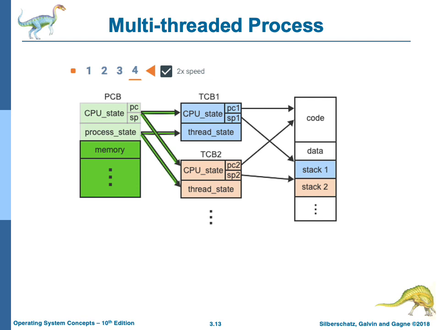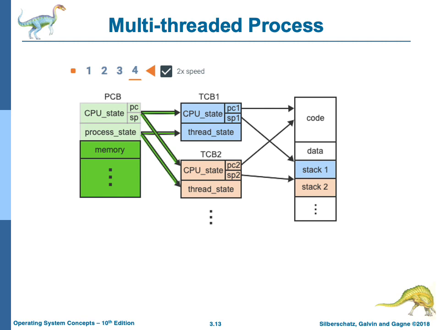Now the CPU state is replicated in each thread's TCB, giving each one of them a private program counter and stack pointer. The process state is replicated as a thread state in each one of the TCBs. Then each thread can be in any state independently, right? So one can be running, another can be blocked, another thread can be ready, and so on.